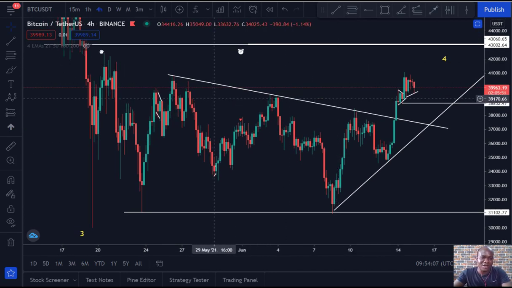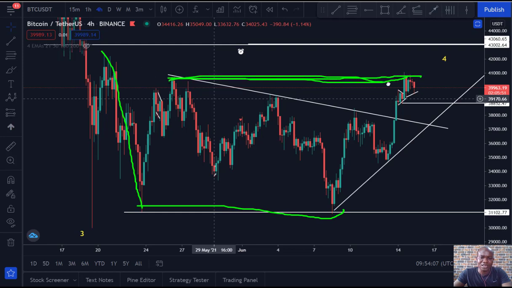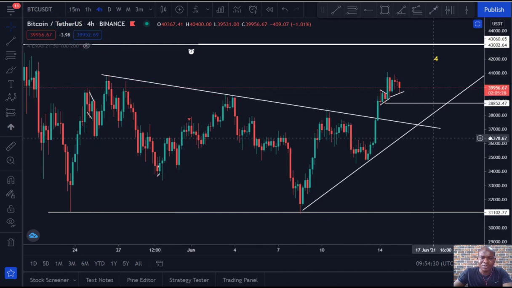We know that we have this wave down. So what has happened so far is this wave, and this one is completed. So are we coming down from here to make this, or are we going up from here? That is the next question to answer.